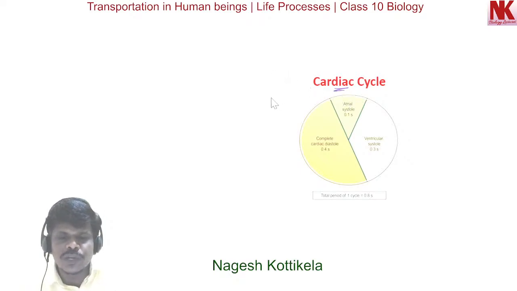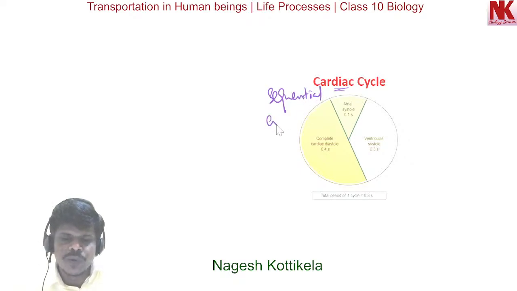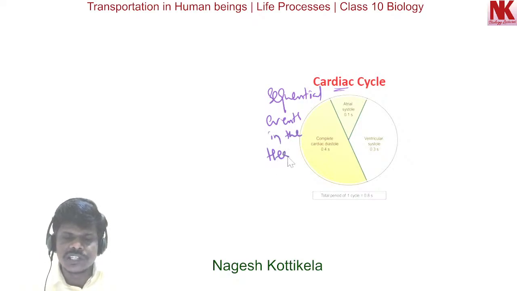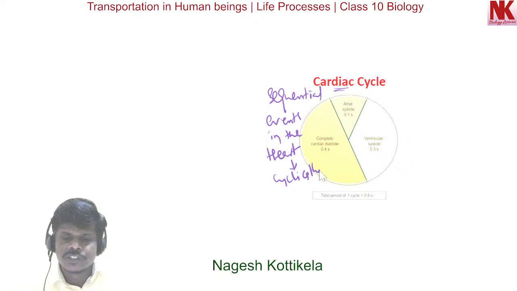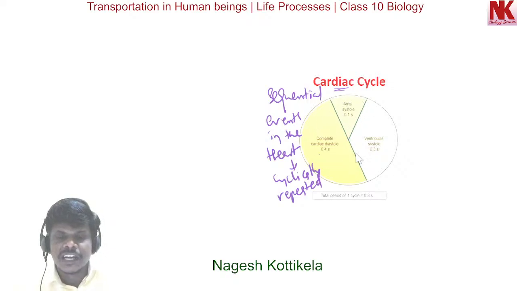The sequential events in the heart, which are cyclically repeated, is what we call the cardiac cycle. It consists of systole and diastole.